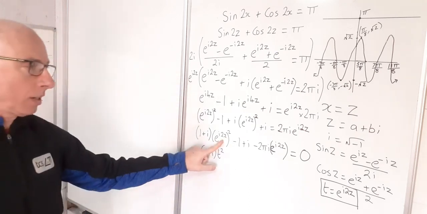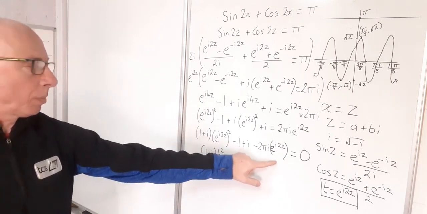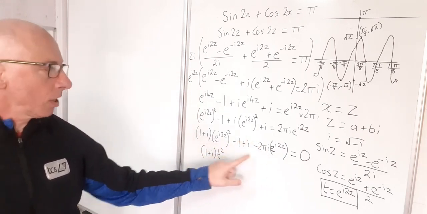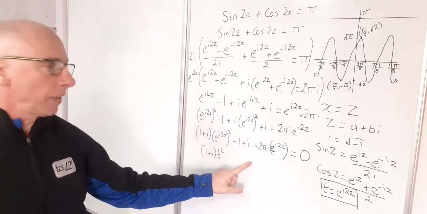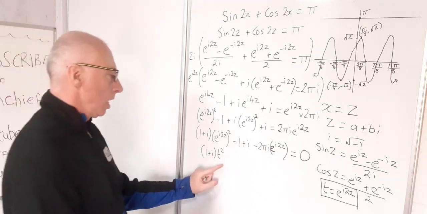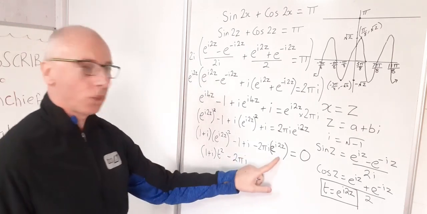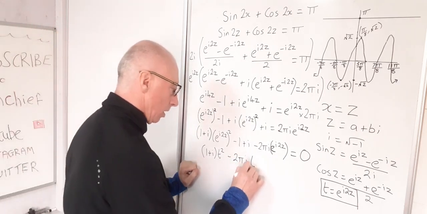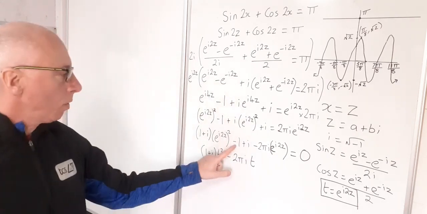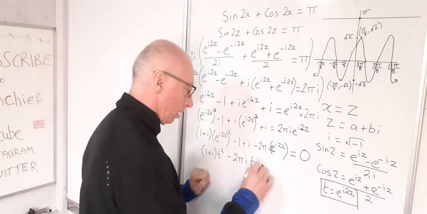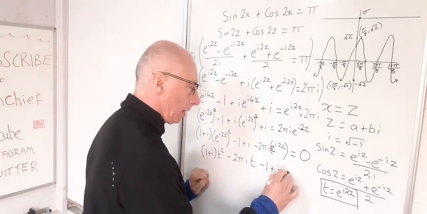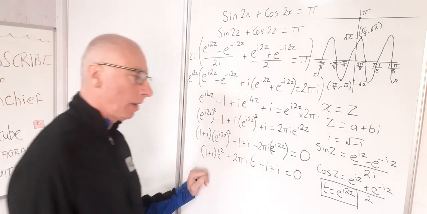So that's the t squared. Then I'm going to bring this one ahead of this one to leave the constant on the right hand side of this side of the equation. So then I've got minus 2 pi i and then just t. And then I've got minus 1 plus i, and then set that to 0.